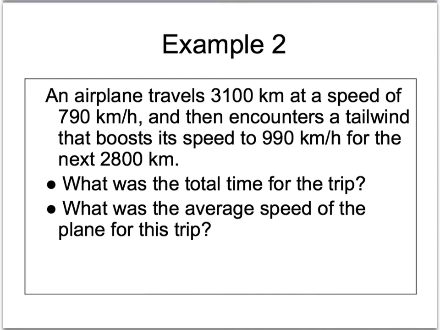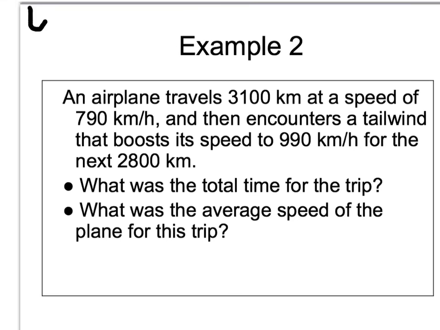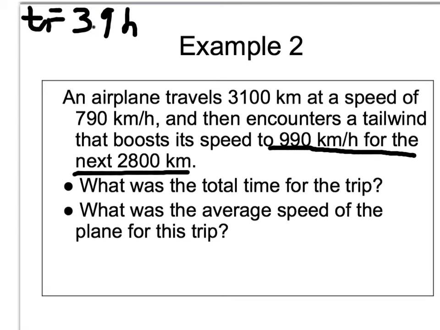Okay, so what I'll do now is just record up in the corner time for the first leg of the trip. Time for the first leg of the trip was 3.9 hours. Now let's do the second part. Its speed is now 990 kilometers per hour for the next 2,800 kilometers. Same equation as before.